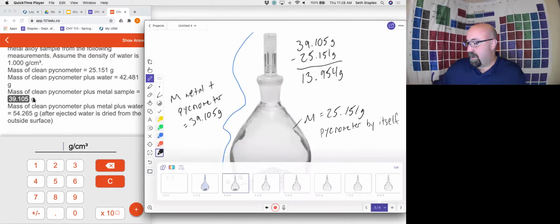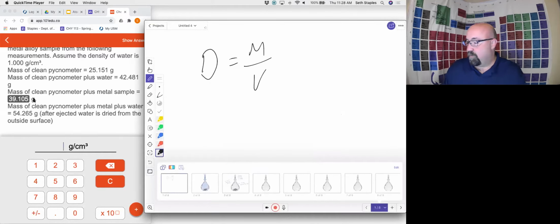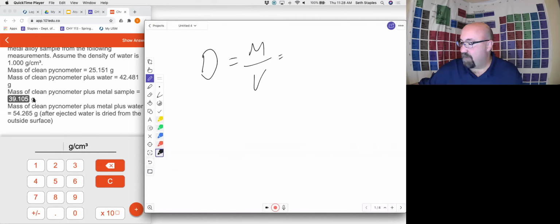And so if we come back to our density formula, we now have this mass, 13.954 grams.